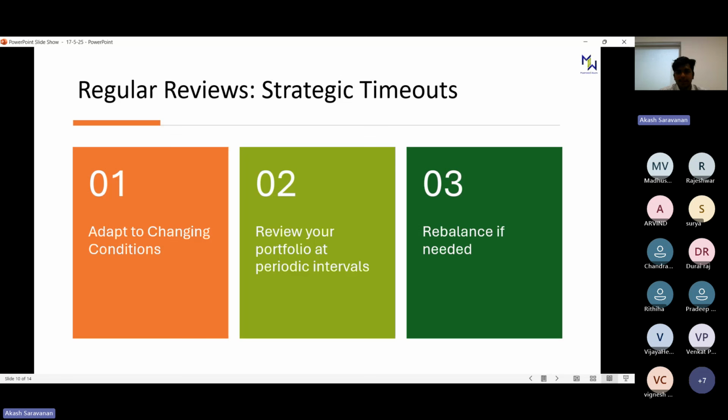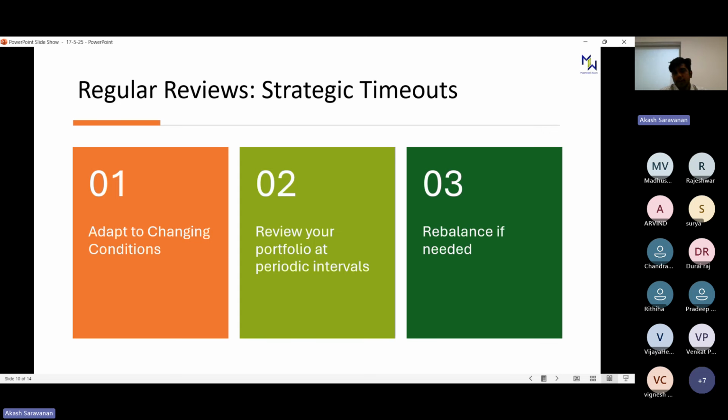Just like a strategic timeout, you need to review your portfolio at regular intervals and see if the conditions have changed. Take the last 5 years: the COVID bottom happened, and generally a lot of investors panicked. A few people who had conviction invested.